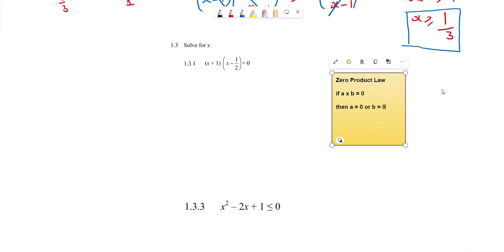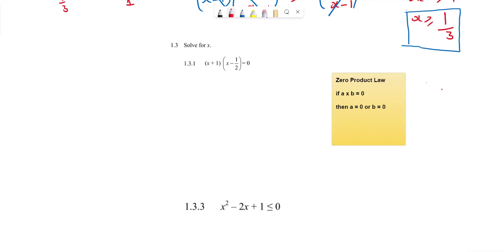What I'm trying to say is any number multiplied by 0 is 0, because when we multiply two numbers and get 0, either one of those two numbers is 0, right?